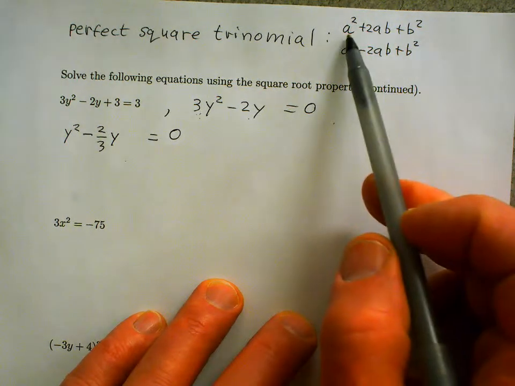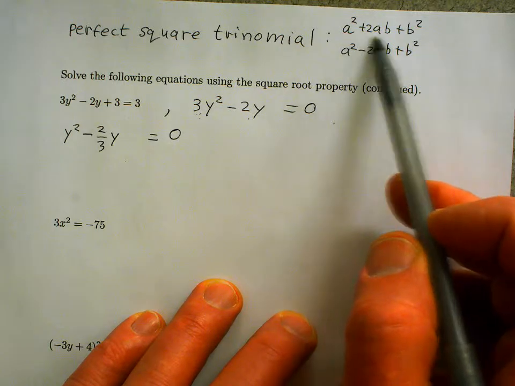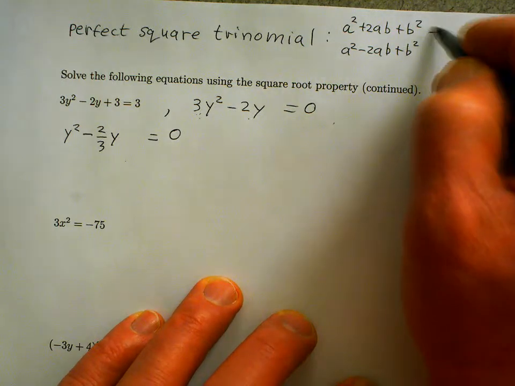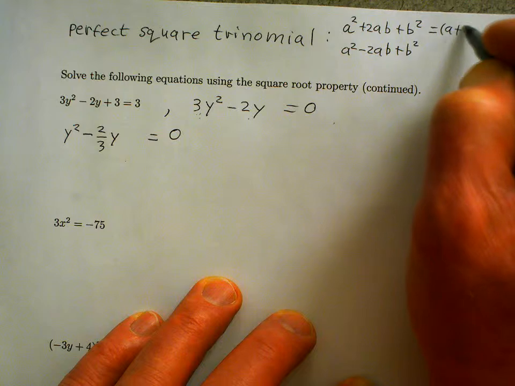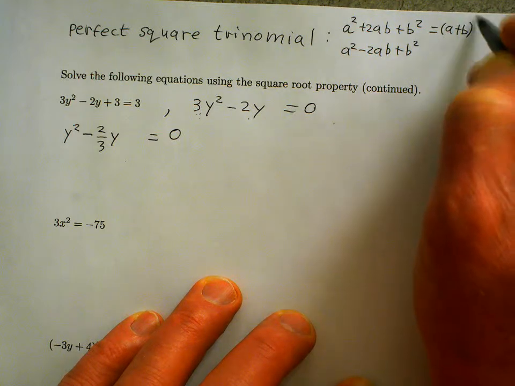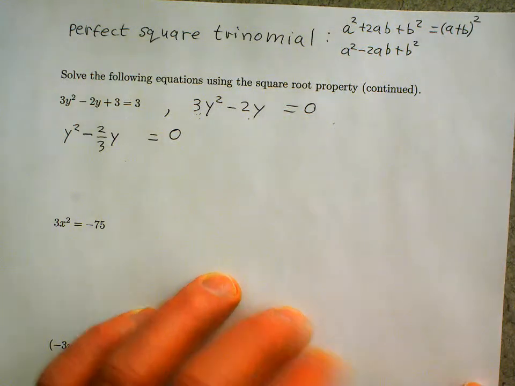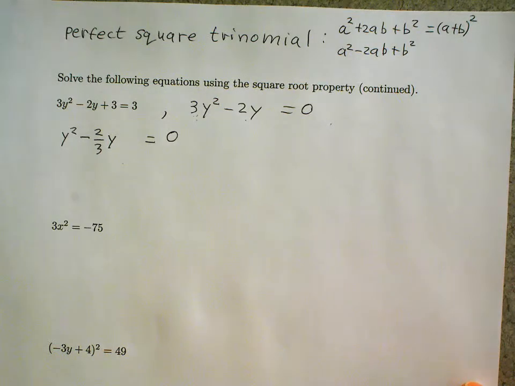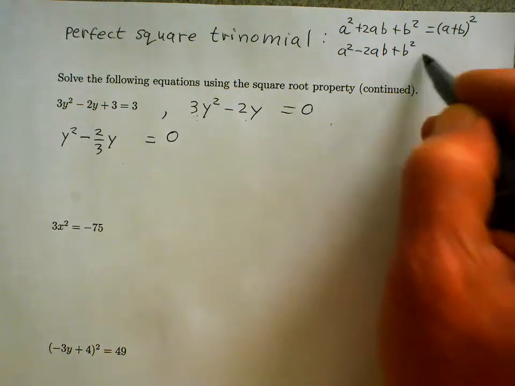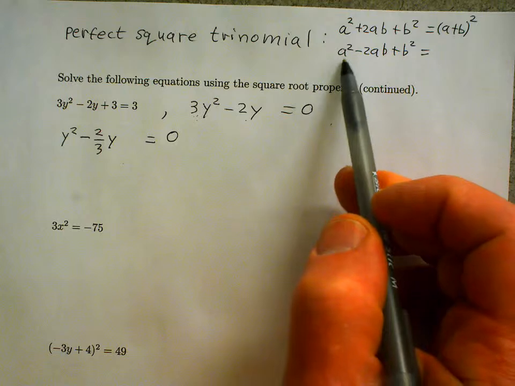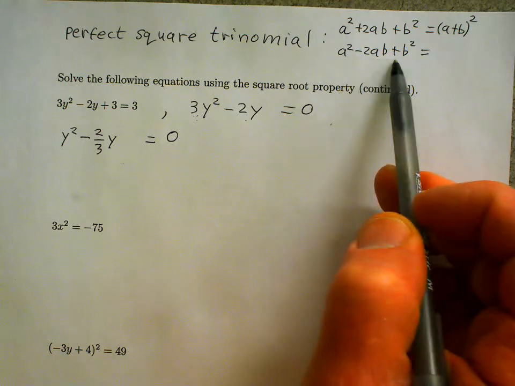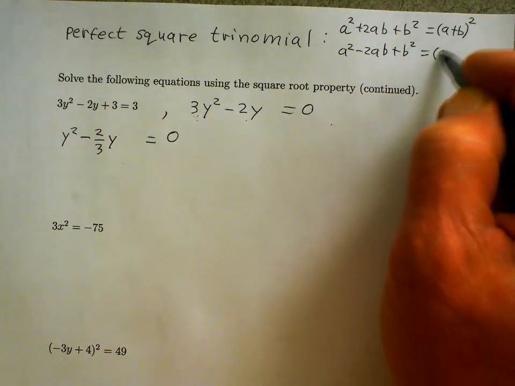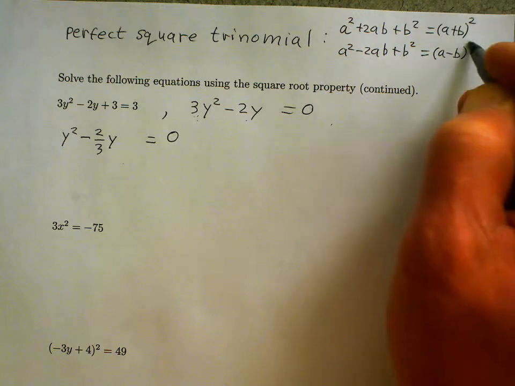When we factor a squared plus 2ab plus b squared, we get (a + b) squared, which just means a plus b times a plus b. And when we factor a squared minus 2ab plus b squared, we get (a - b) squared.